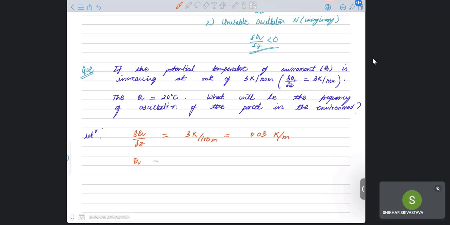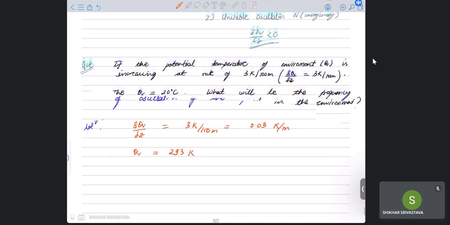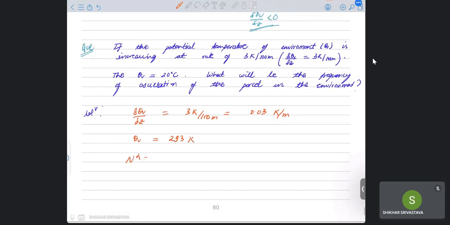Your theta V is given to be 293 Kelvin. So your N square will be g upon theta V del theta V by del Z. So it will be 9.81 meter per second square divided by 293 Kelvin, and this is 0.03 Kelvin per meter.